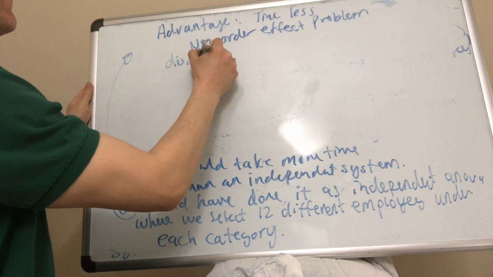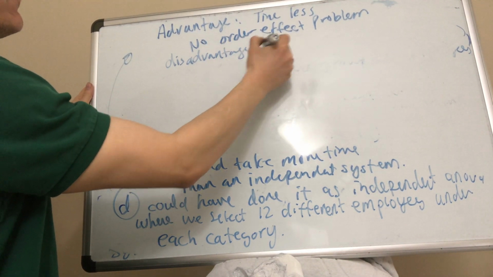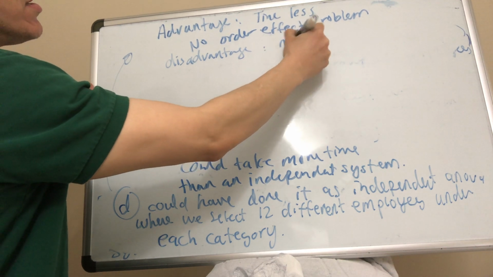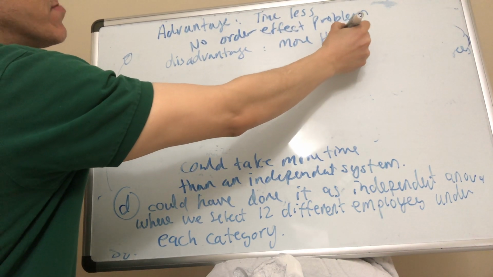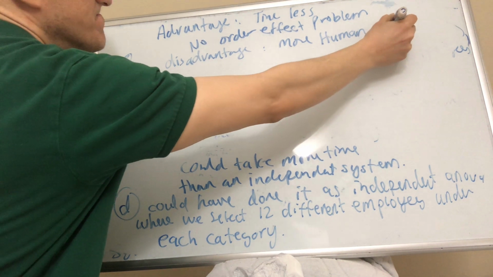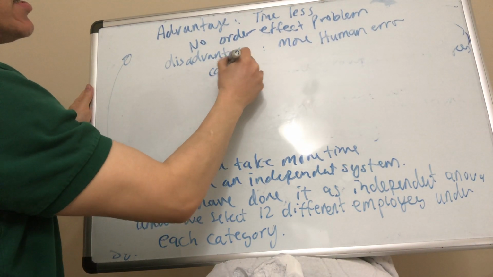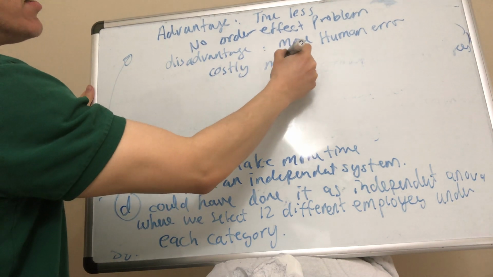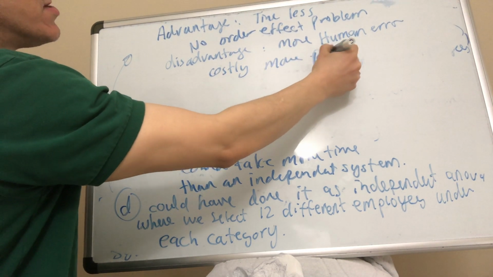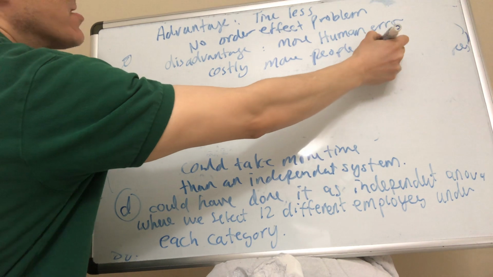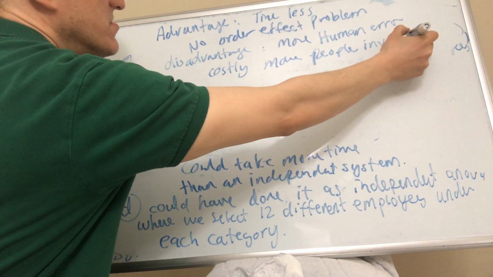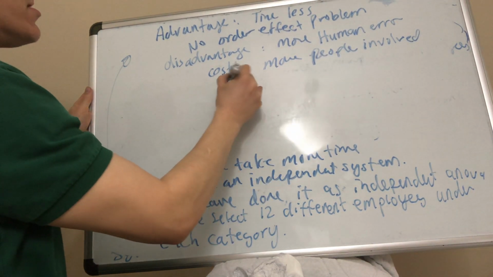Disadvantage would be more human error because it's different people, and it will probably be costly, more people involved, or higher sample.